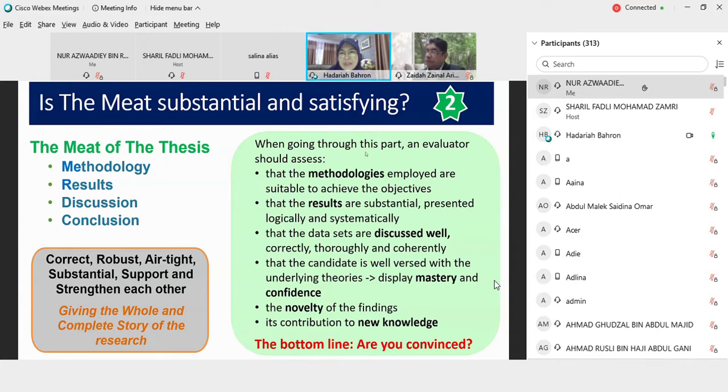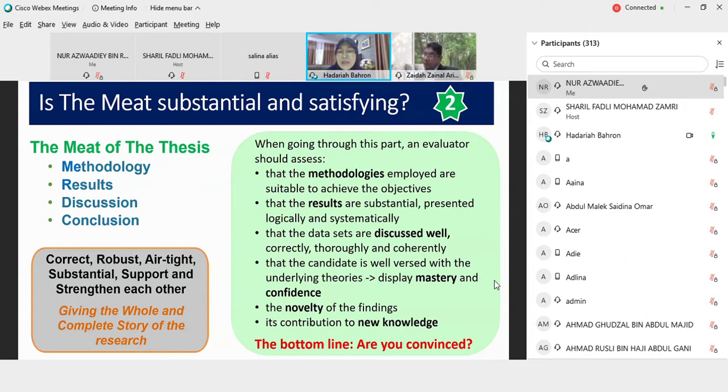When going through this part, the evaluator should assess that the methodologies employed are suitable to achieve the objectives, that the results are substantial, that the results are presented logically and systematically, the data sets are discussed well, correctly, thoroughly, coherently, and that the candidate is well versed with the underlying theories and displays mastery and confidence when discussing the results.